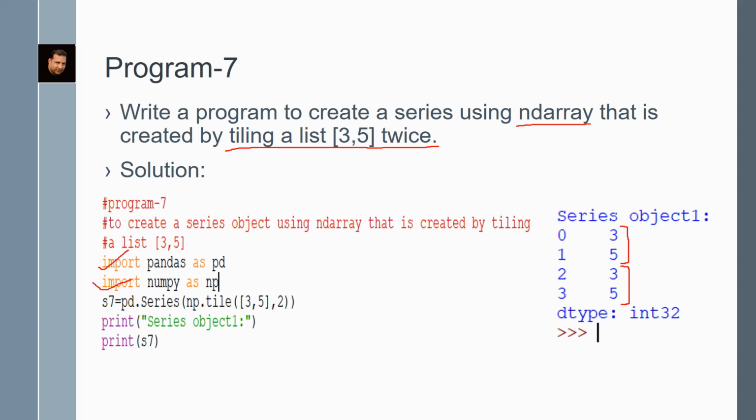S7 is equal to pd.Series np.tile. Then within brackets there is a list 3, 5. How many times? 2 times. So this is how we can create a list twice in tile form, and with this we have created a series S7. If you print this series, you will see this output.